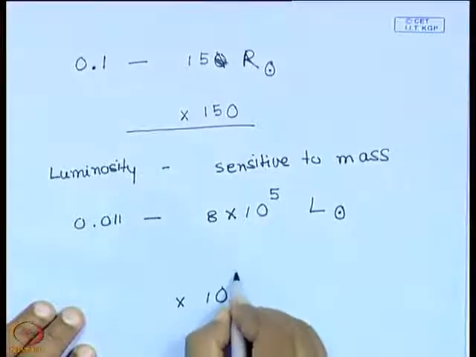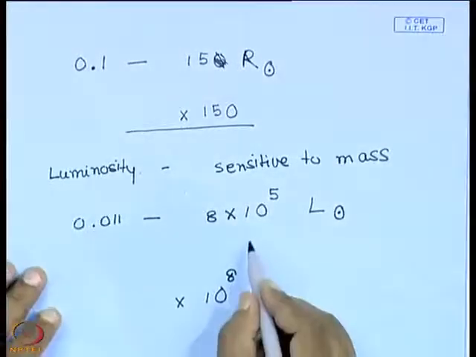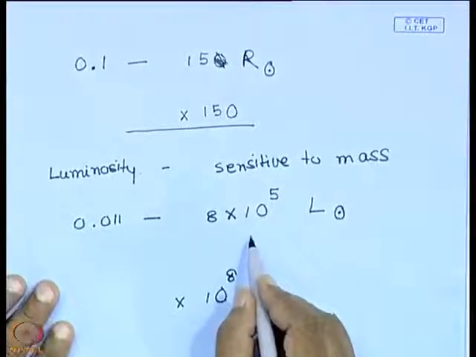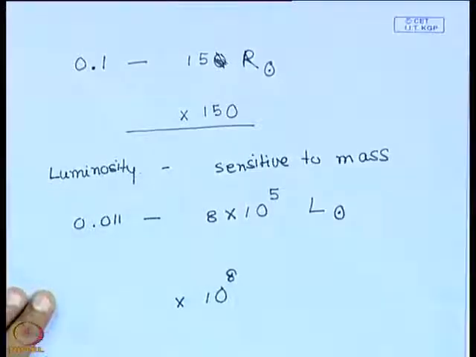This is a factor of 10 to the power 8 variation in the luminosity. So, the brightest star is 10 to the power 8 times brighter than the faintest star which you can have, provided the stars are burning hydrogen. Okay.